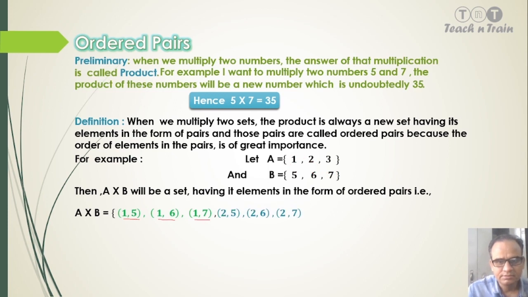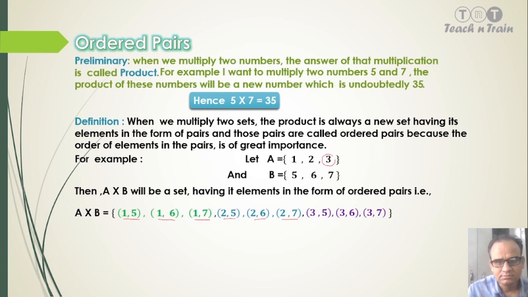Next I'll select the second element of the first set and pair it with the first, second and third elements of the second set. I mean 2 is paired with 5, 2 is paired with 6 and 2 is paired with 7.